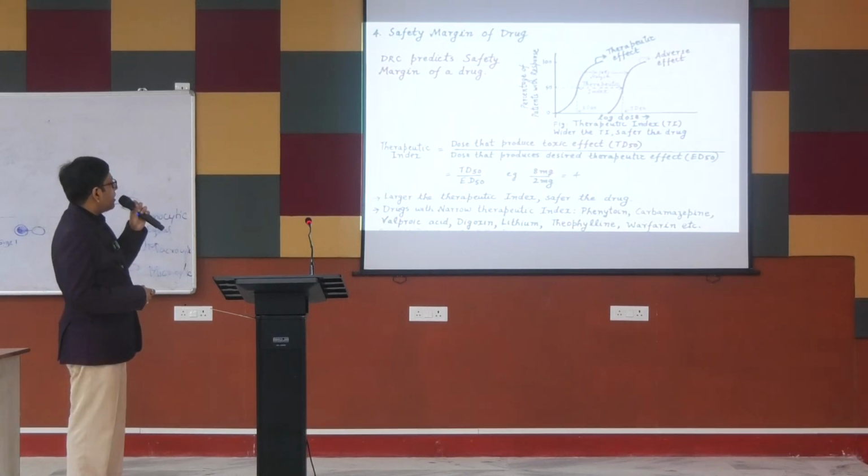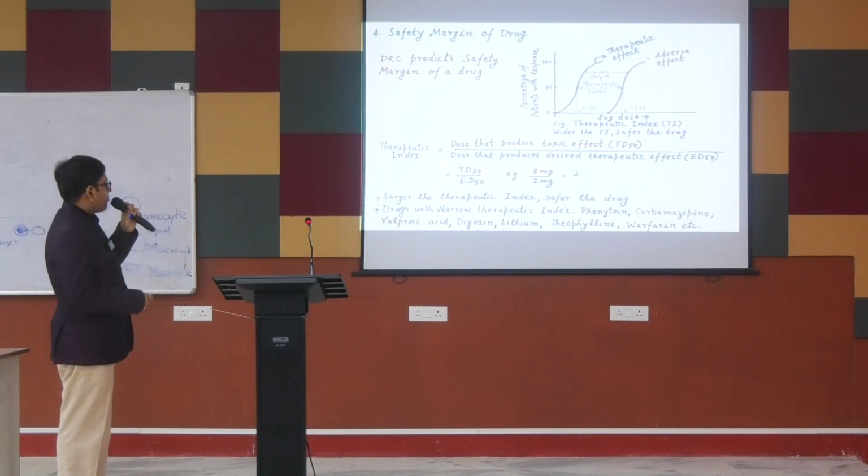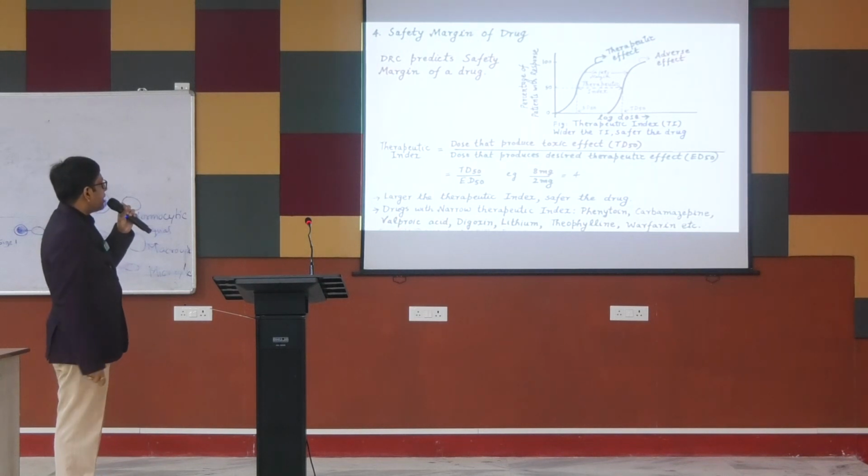One more thing, when you are looking at this dose response curve, remember in the y-axis, instead of response, here we have plotted the percentage of patients showing response. So with this dose, 50% of patients are showing response.